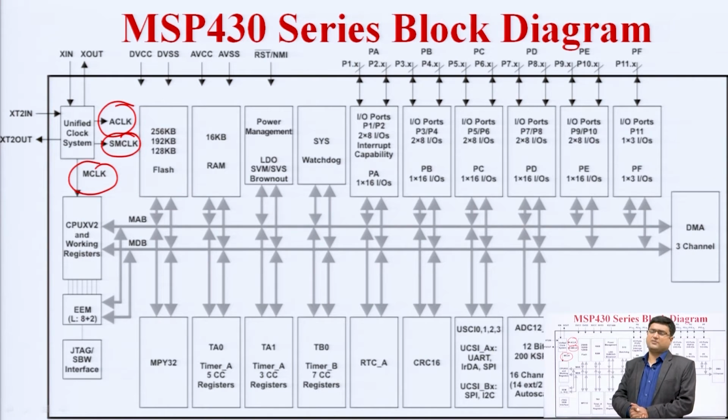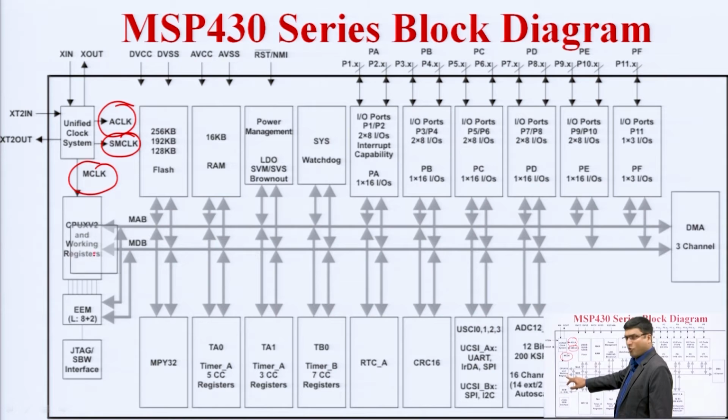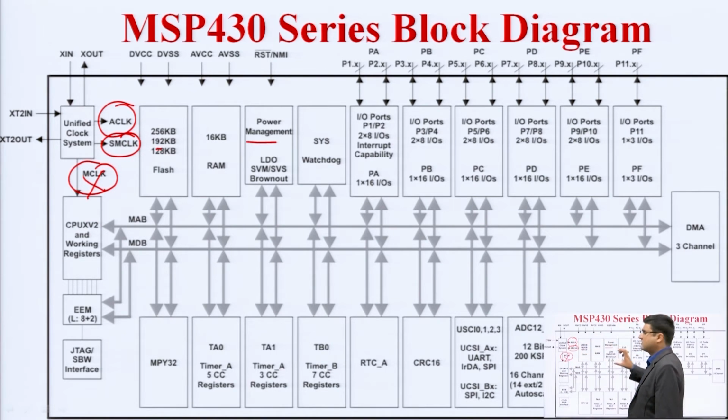But in case of this microcontroller, there are 3 types of clocks. So this provides a flexible clock system. For example, if we are providing MCLK to the CPU, and this clock is not available, then the other 2 clocks will set the system. But if this clock is unavailable, then how will the CPU work?